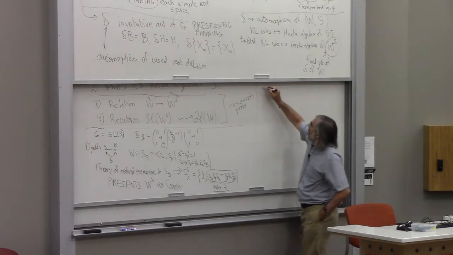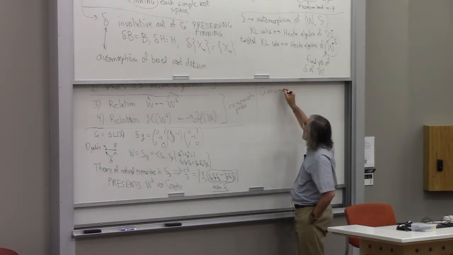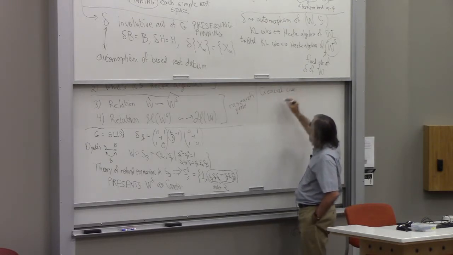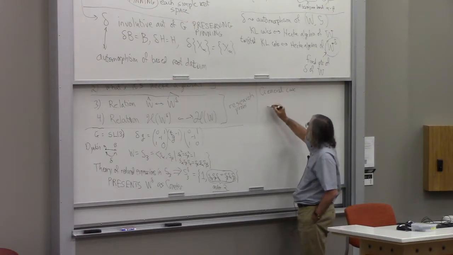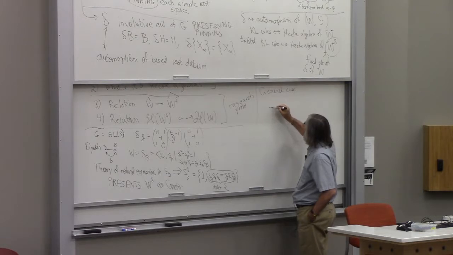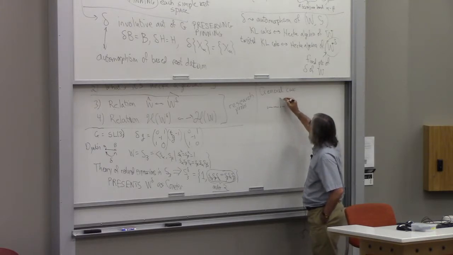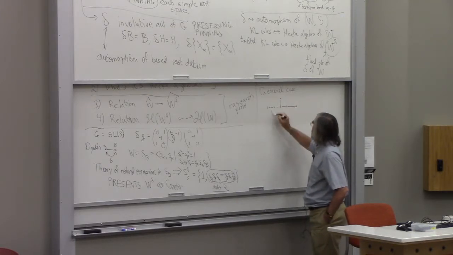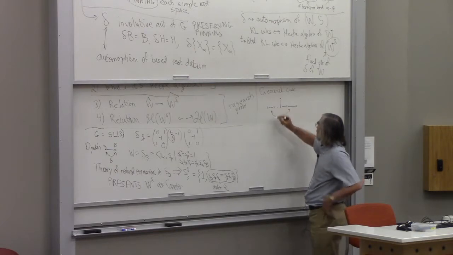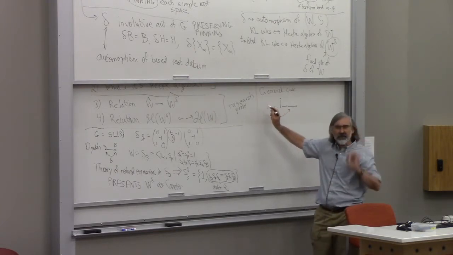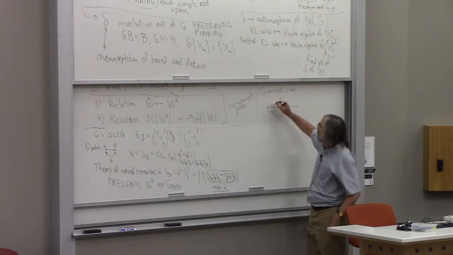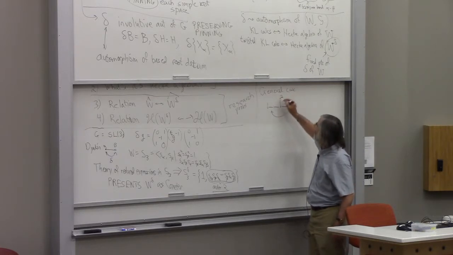So if we look at the general case, I'm not quite sure what I should draw. There's E6. What's the Bourbaki numbering of these vertices? 1, 2 up top, 3, 4, 5, 6.